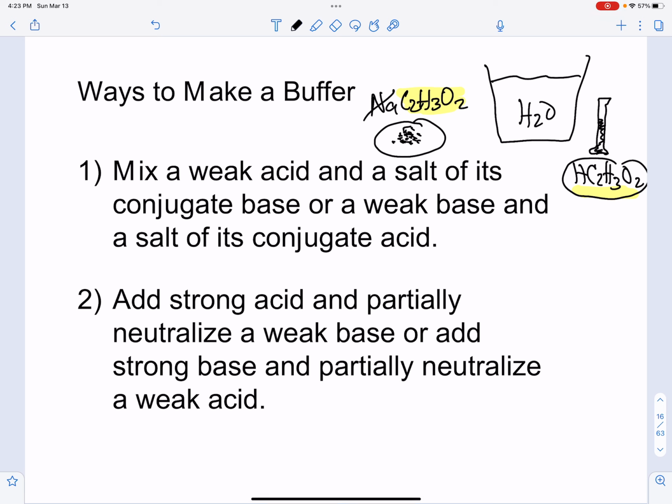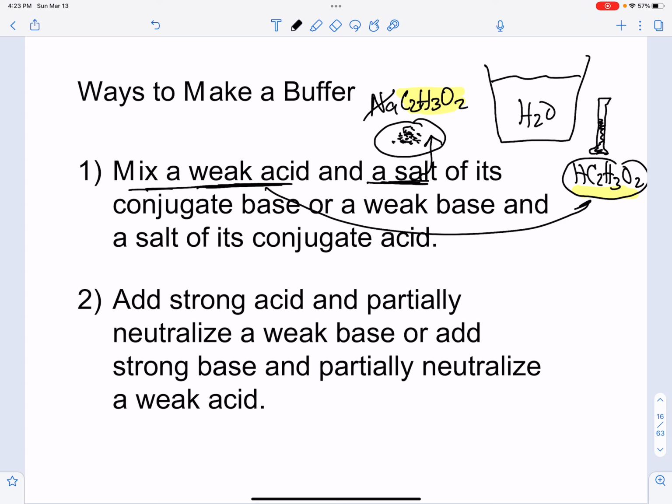And you want to add more or less similar amounts. So you want to add more or less the same amount of moles. That's what we're talking about. And they have to be a weak acid. So the weak acid would be the acetic acid, and the salt, the sodium acetate, which is going to be an ionic compound.